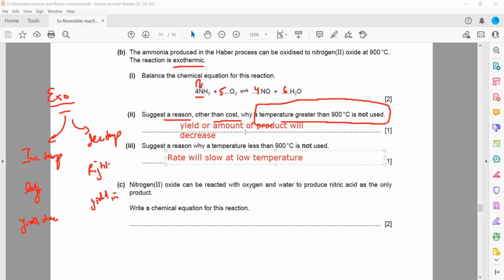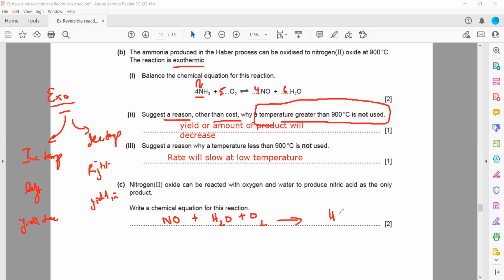Nitrogen dioxide can be reacted with oxygen and water to produce nitric acid as the only product. Write the equation for that. So this is the formula for nitrogen dioxide, reacted with oxygen and water to produce nitric acid.